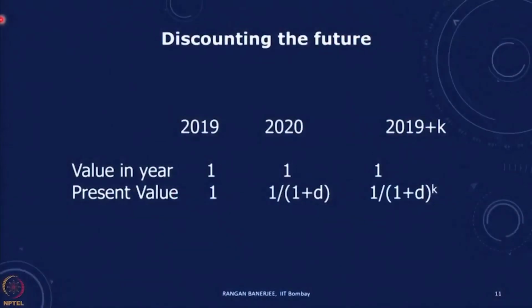Typically, consider a company which has many different projects which it can invest in, and each of these projects has a rate of return and an investment. Suppose we arrange these projects from the highest rate of return to the lowest rate of return.